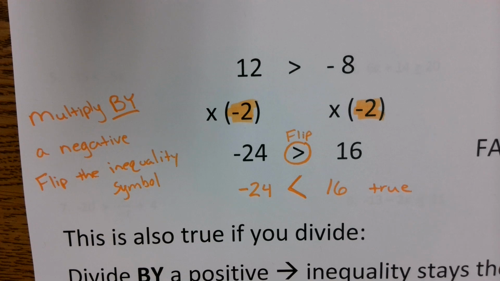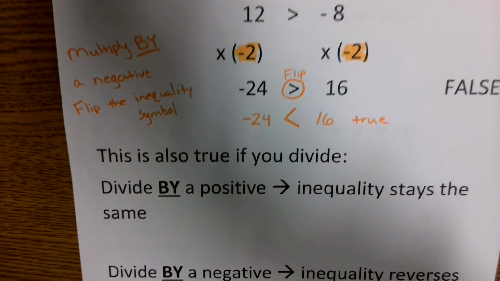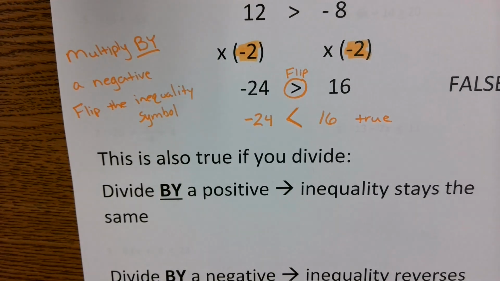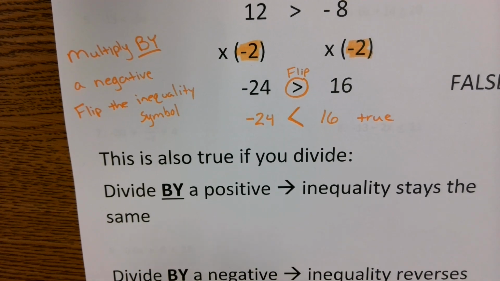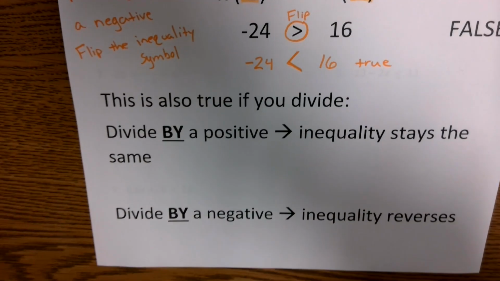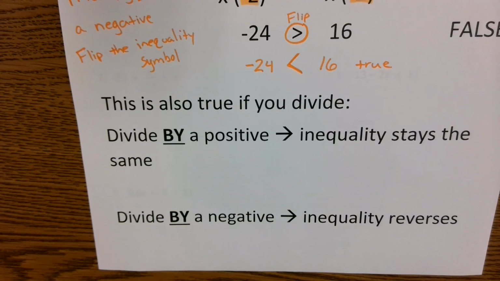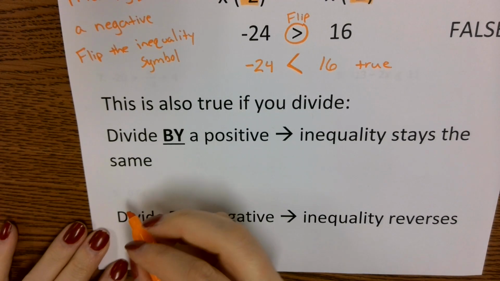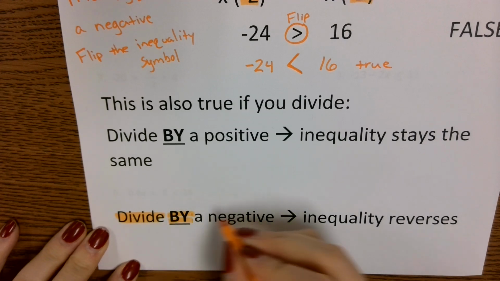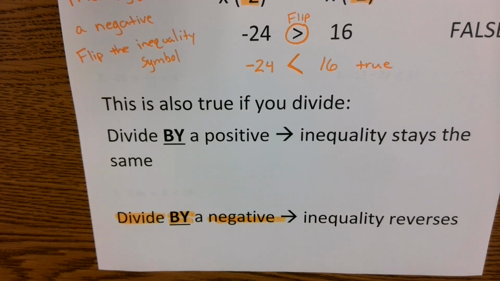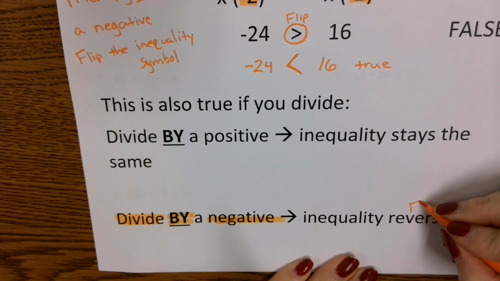It's also true if you are dividing by a negative value. If we divide by a positive, our inequality is going to stay the same. But if we divide by a negative, our inequality is going to have to flip. It's going to have to reverse. So multiplication and division by a negative is going to cause you to flip that inequality.